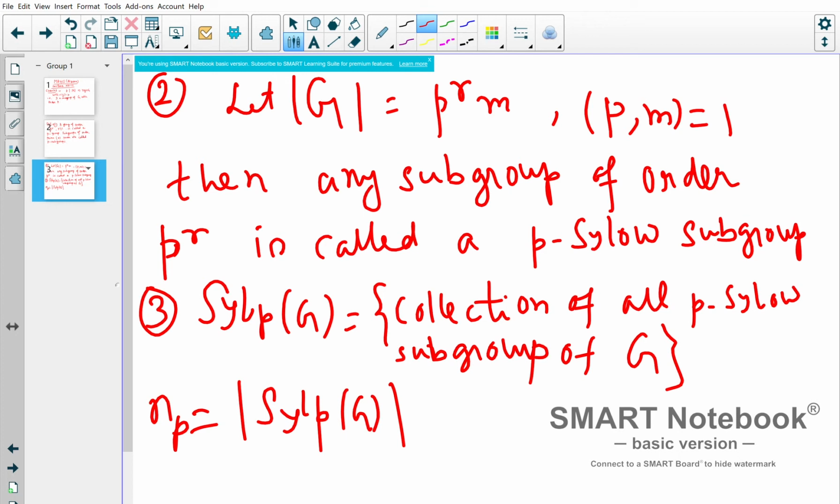With this notation, let us start discussing.